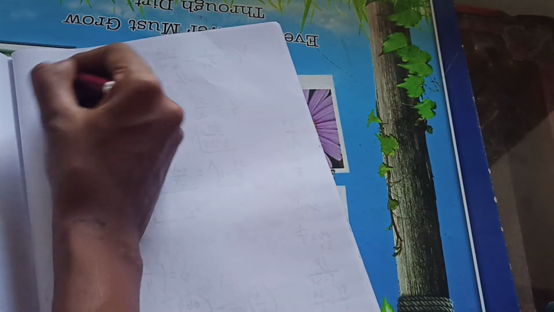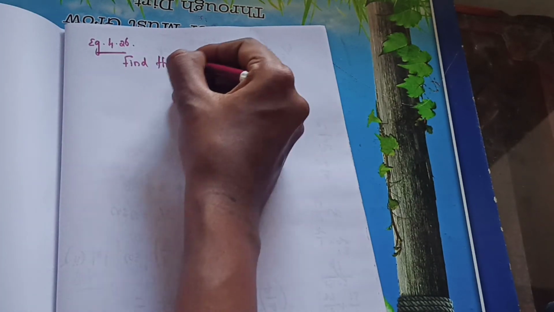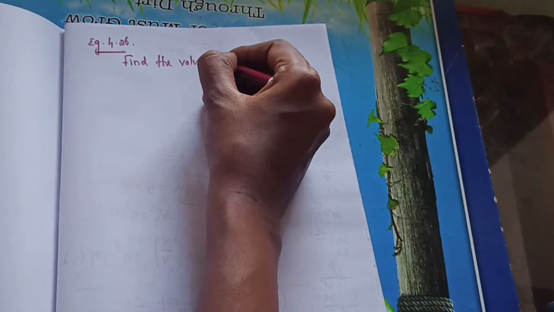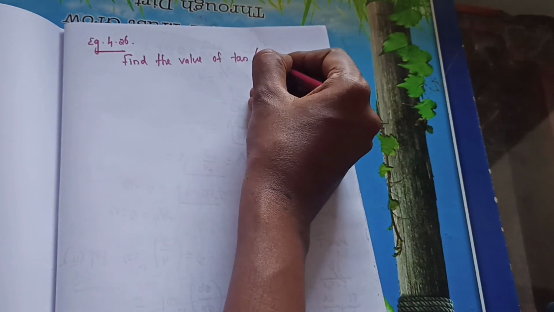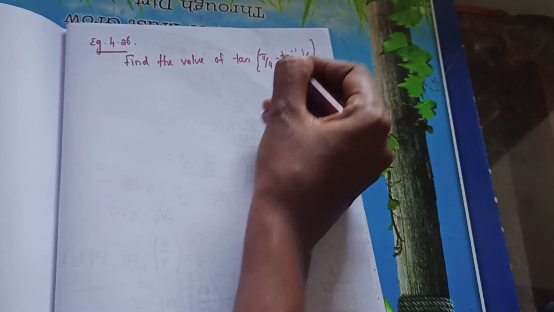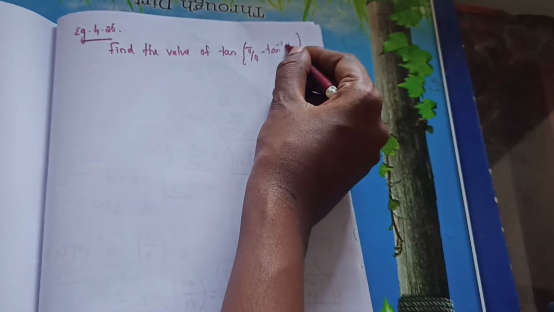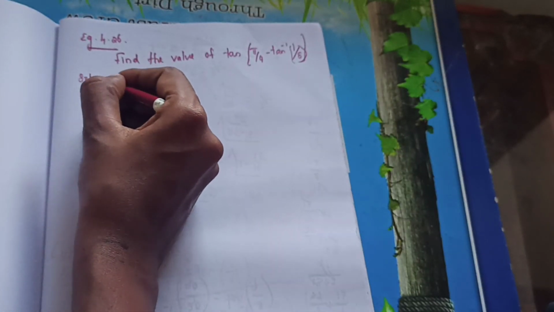Example 4.26. Find the value of tan of pi by 4 minus tan inverse of 1 by 8. Okay. So, solution.